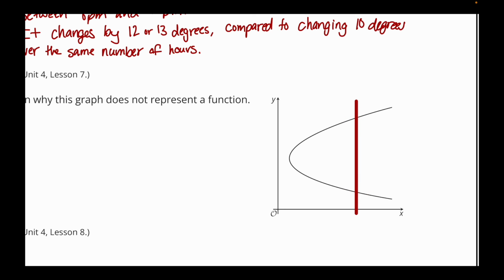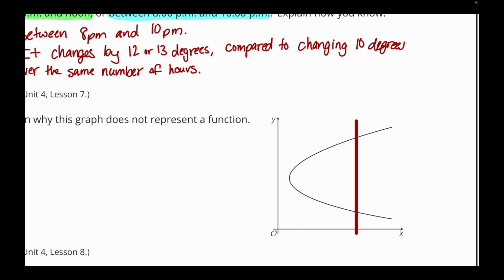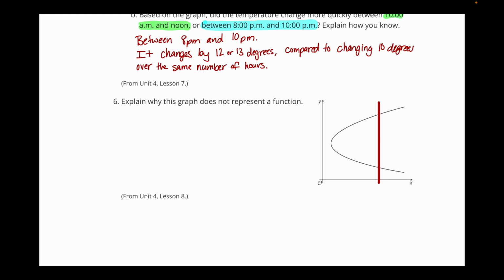One of the easiest ways I like to do this is using my pencil as the vertical line and just visually dragging it across, or just in my mind's eye, taking a vertical line and trying to pass it over top of my graph. So we can say there are multiple outputs.